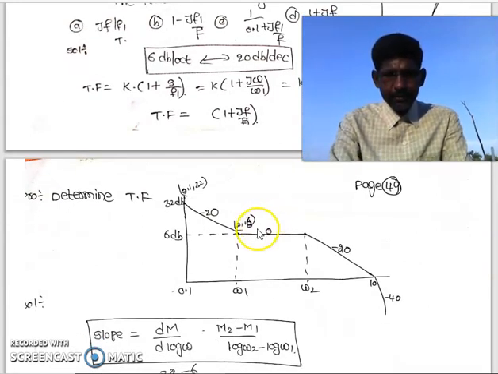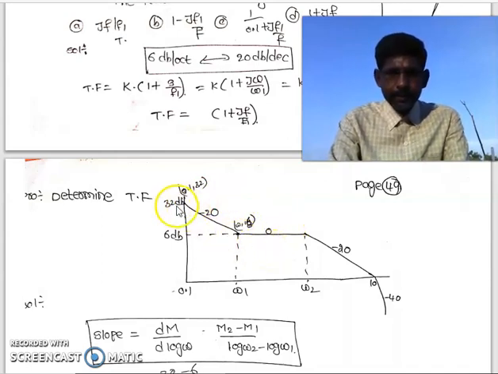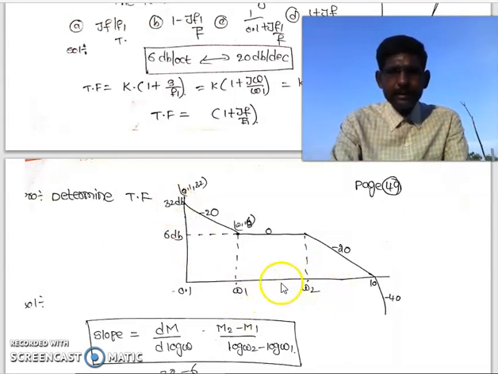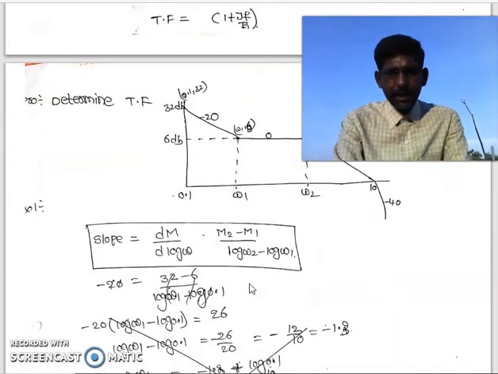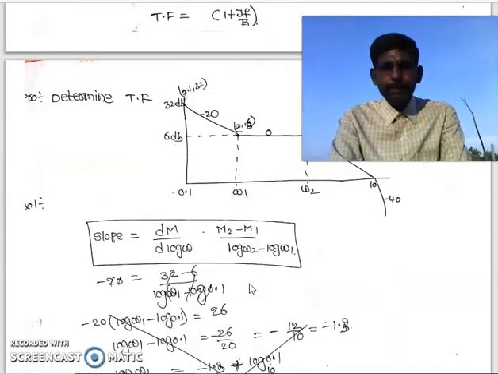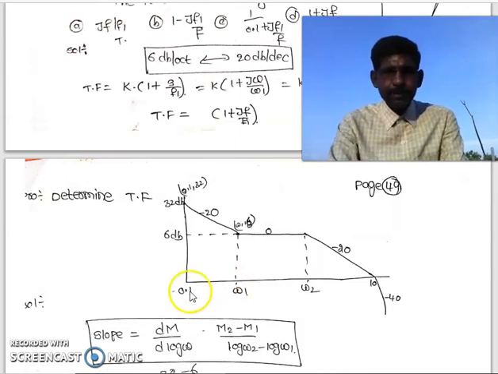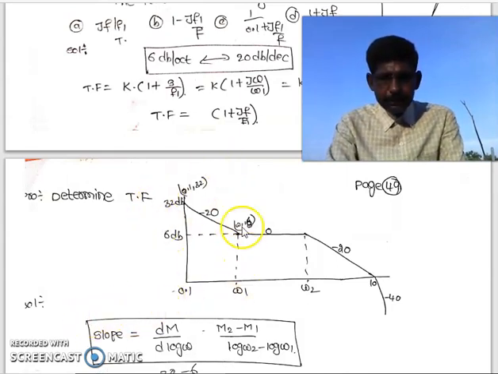Determine the transfer function for the given Bode plot. See here 6 dB is there, 32 dB is there. They have not given the corner frequencies. We are supposed to calculate these corner frequencies and find out the transfer function. For such problems, in general, how can we calculate the slope?